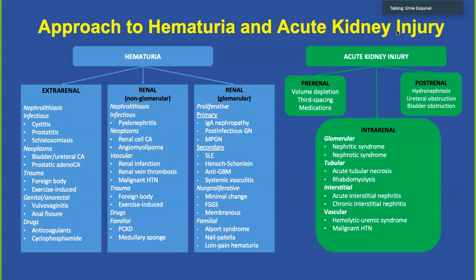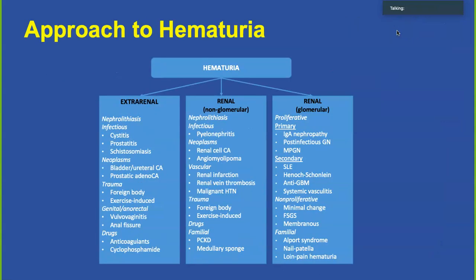When we think about hematuria and acute kidney injury, this is a more complicated framework. Hematuria can be broken down into whether it's extrarenal or renal, and acute kidney injury we typically break down into pre-renal, intrarenal, and post-renal.